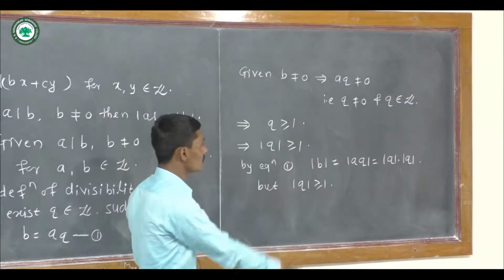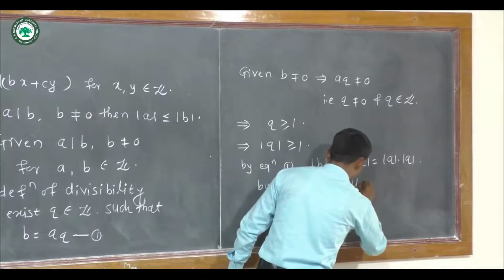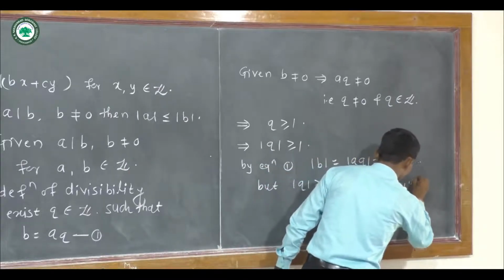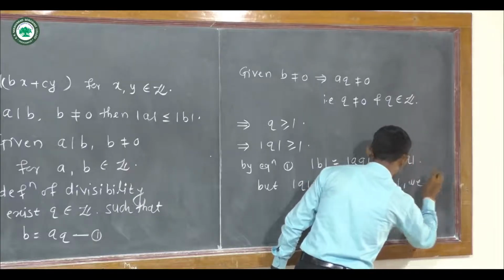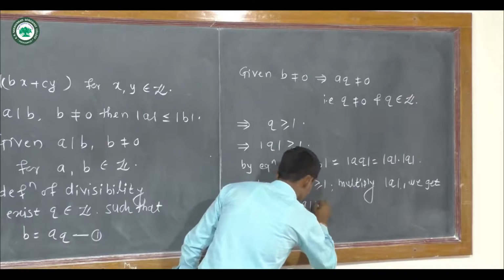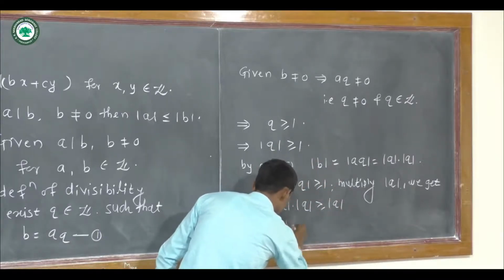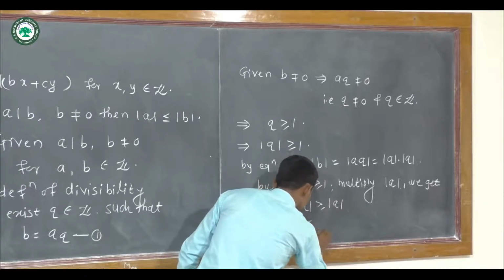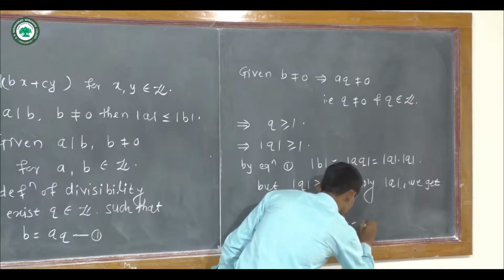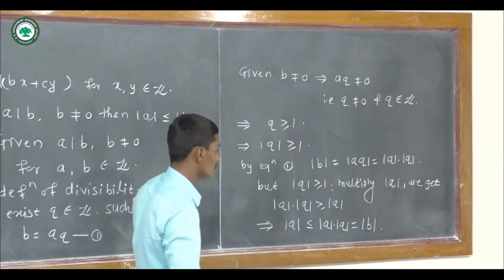Now multiply both sides by the absolute value of a, we get the absolute value of a into the absolute value of q is greater than or equal to the absolute value of a, and this implies the absolute value of a is less than or equal to the absolute value of a into the absolute value of q, which is equal to the absolute value of b, hence the proof.